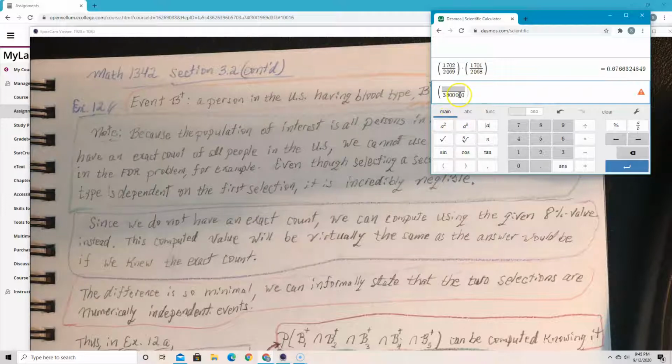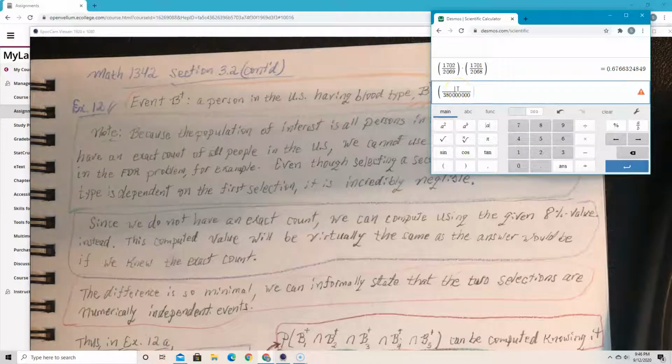So that's 380,000,000. One, two, three, 1, 2, 3. Okay, so there's 380 million. And pretend that's all the people in the United States, pretend.